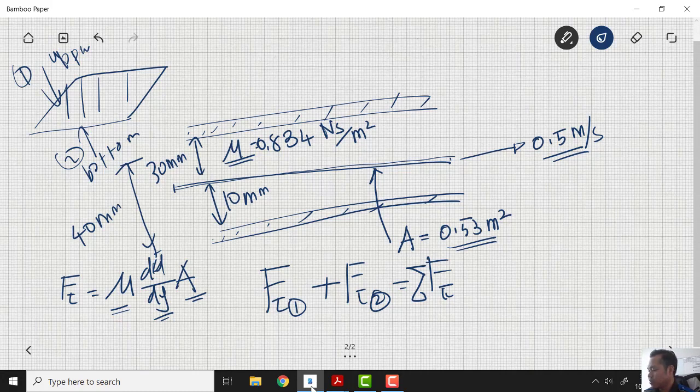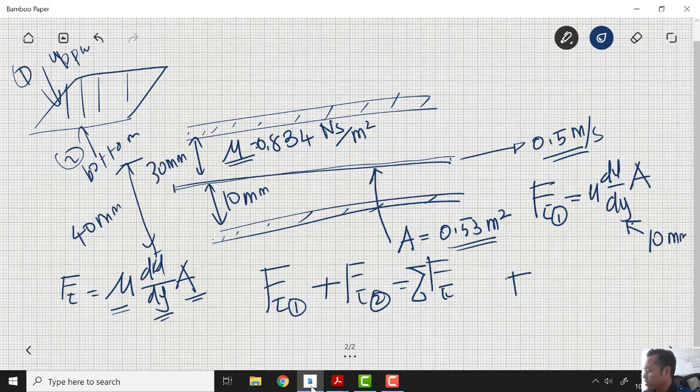So for example, we have Ft1 equal to mu, which is the same, du dy, du is the same, A is the same, but dy is different. We have 10 millimeters for dy.